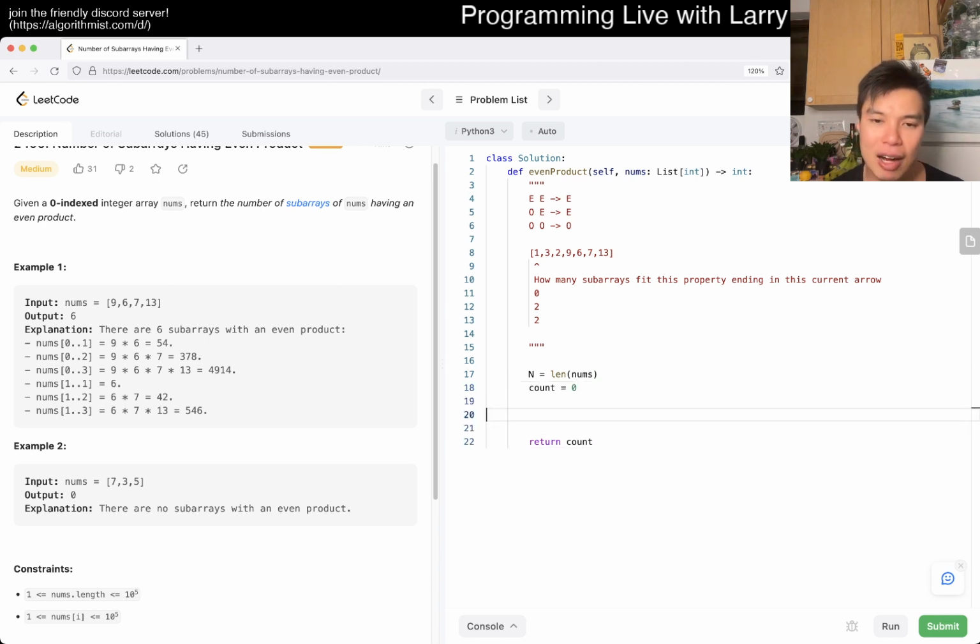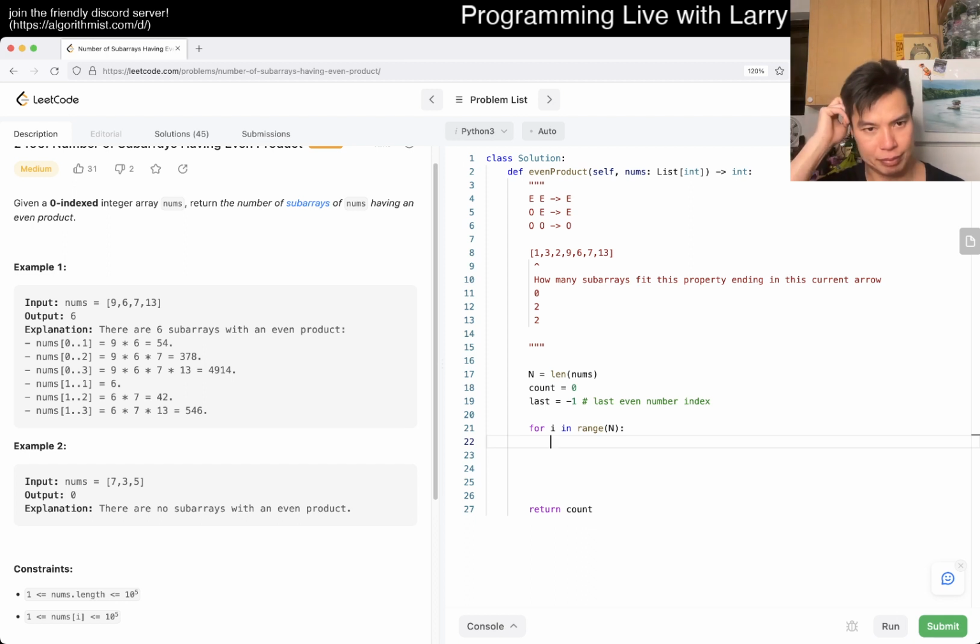So now that we've reduced this problem to a couple of different things, we can play around with how we want to do the implementation, but basically we just want the last even number. Okay, so if nums[i] mod 2 is equal to 0, then last is equal to i.